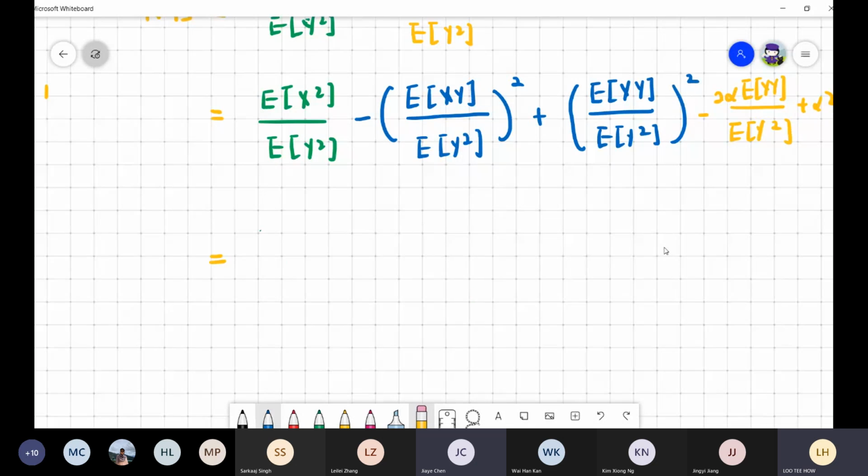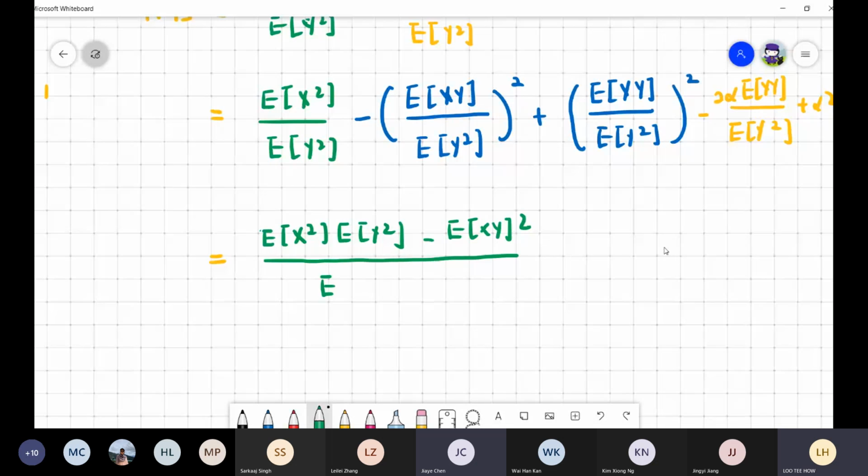You just combine them, so this part will become E of X squared E of Y squared minus E of XY squared, divided by E of Y squared. So this will become this, and this part will become this.